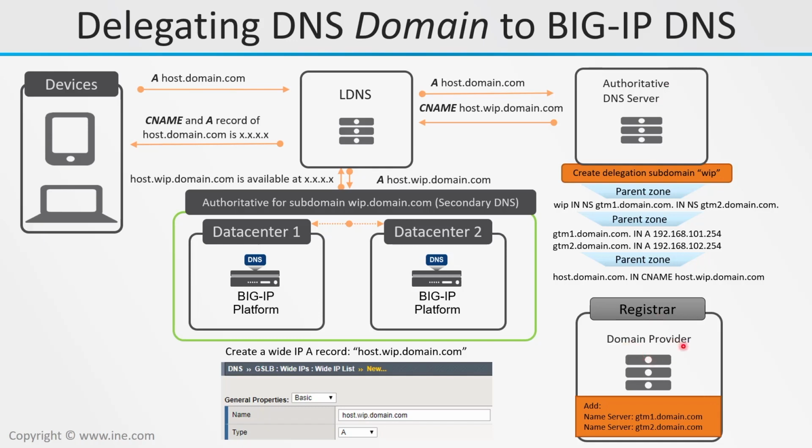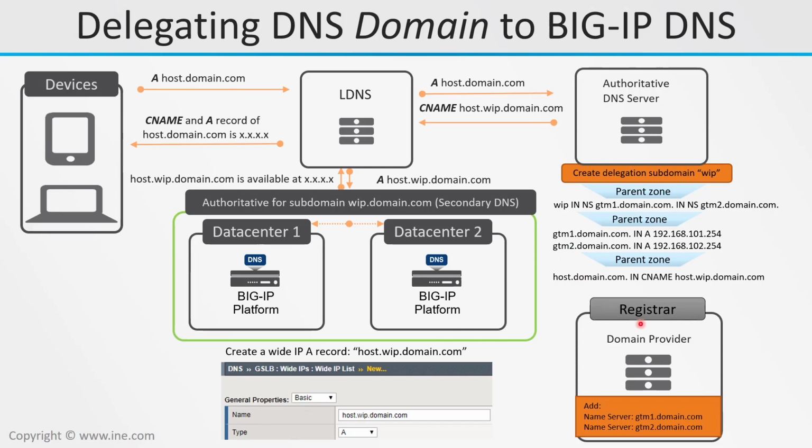Nonetheless, the domain provider essentially registers that through the registrar based off the name of what you purchased, right? So we need to add these respective GTM/DNS name server records to the domain provider so they can update the registrar.